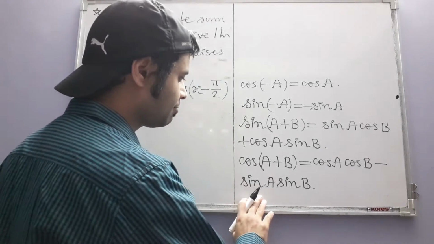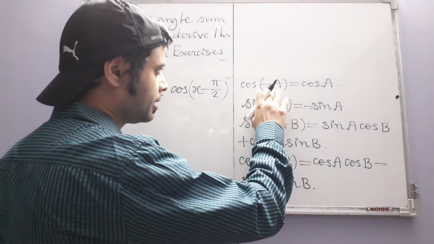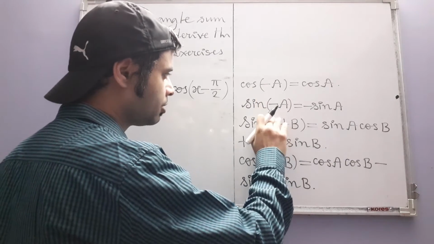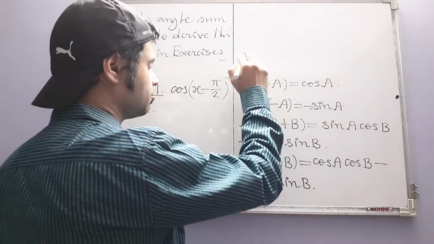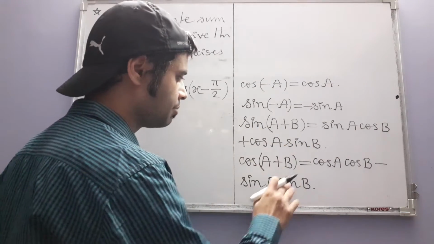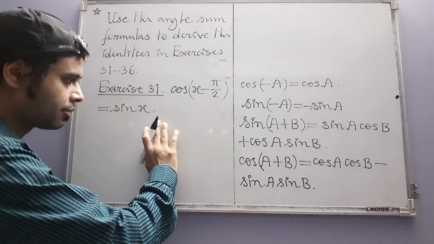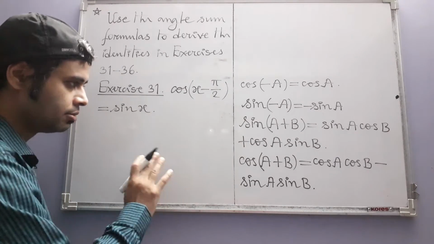Now, what we have already seen is that one can use these two along with this to find similar formulas for sine a minus b and cos a minus b, which however in the text we are not supposed to know yet.